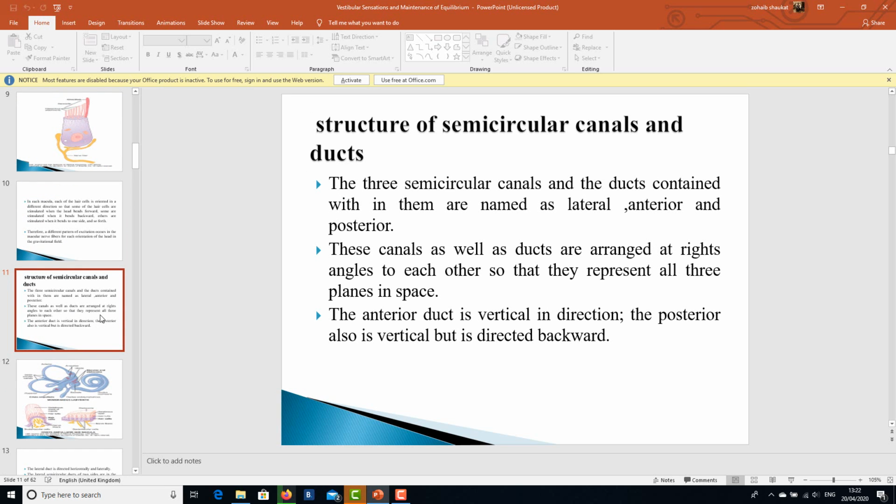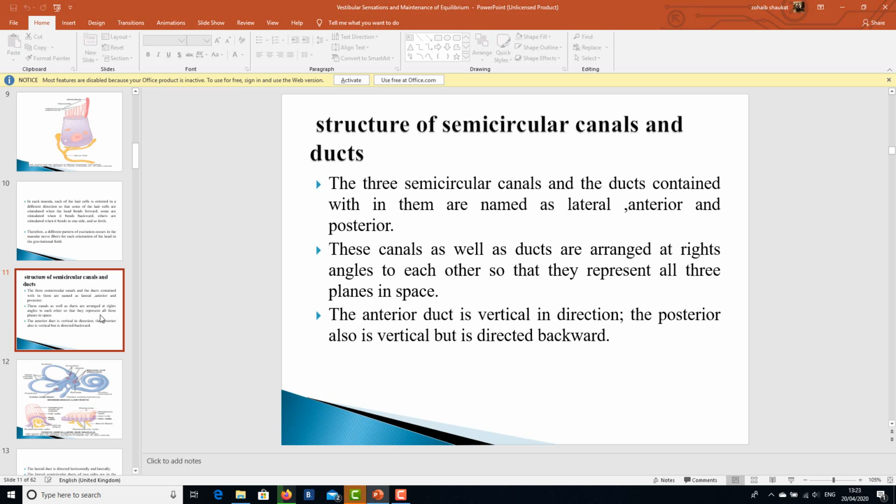The 3 semicircular canals and the ducts contained within them are named as lateral, anterior, and posterior. These canals, as well as ducts, are arranged at right angles to one another, so they represent all the three planes in space.